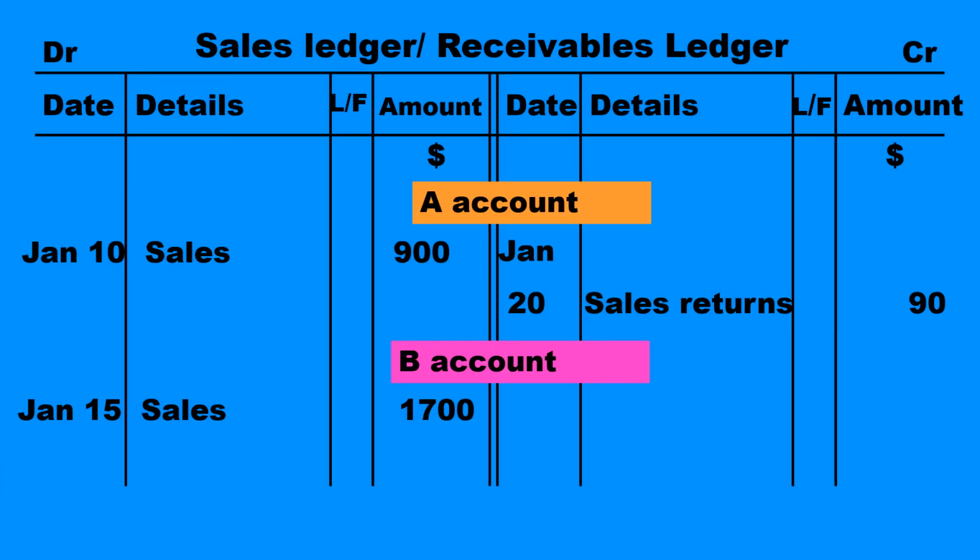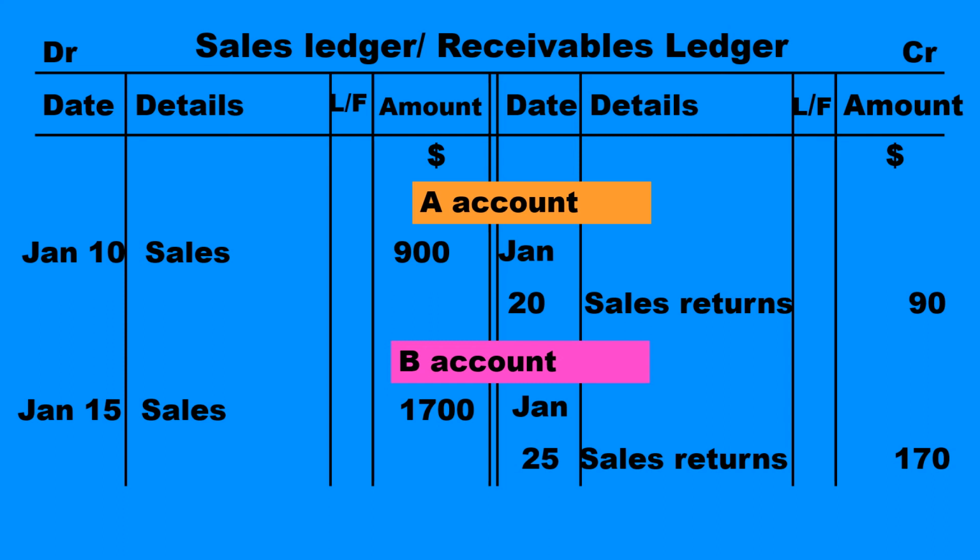Let us see now how to record it in the account of B. We already have in the sales ledger, receivables ledger, the account of A and the account of B, whereby on the debit side we have sales 1,700, and we record the sales returns on the credit side, January 25th, sales returns 170. So this is an example where we have both credit sales and sales return.